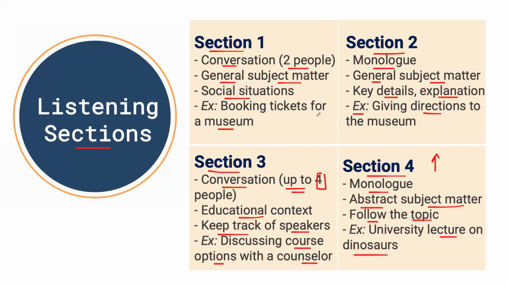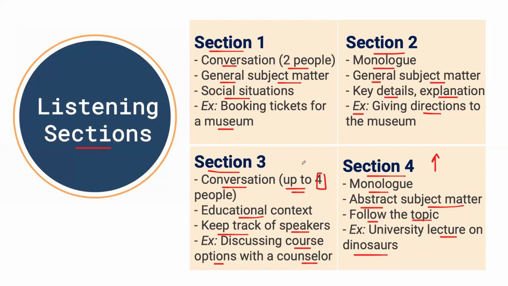So I would encourage you to do as much practice as you can and understand each section, its difficulties, and even some parts that are perhaps easy for you. Each section has a different strategy, which we'll look at in just a minute. But I want you to keep in mind that Section 1 and Section 3, Section 2 and Section 4 will have the same strategies.